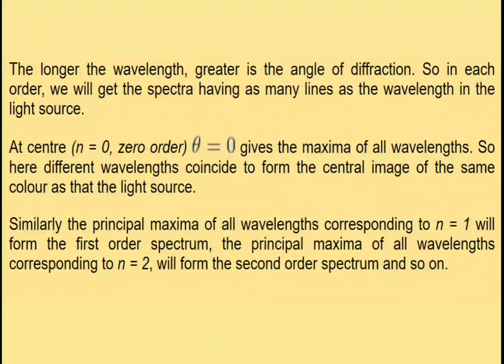Whatever we observed in the Fraunhofer diffraction due to N slits, we already discussed in that class: there exists a central maximum at theta equal to 0, and on both sides of the central maximum there exist a number of principal maxima, the first order principal maxima, second order principal maxima, and so on.